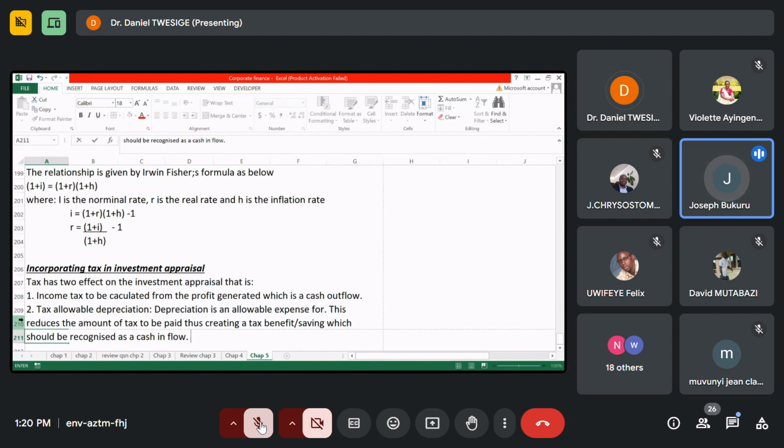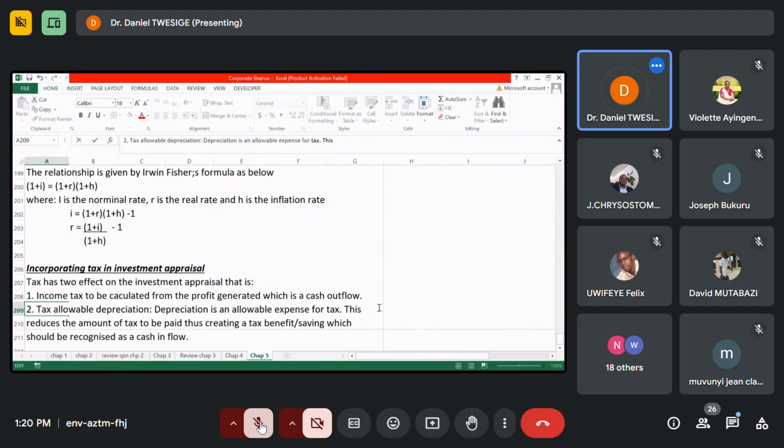What do you mean by is an allowable expense for? For tax. Huh? I didn't finish it. It's an allowable expense for tax. So if you depreciate an asset, that depreciation is allowed for tax.